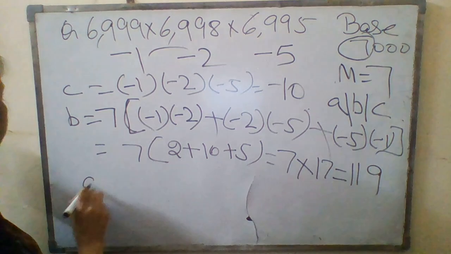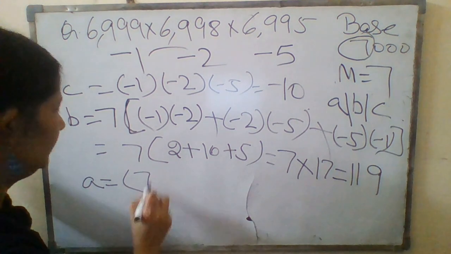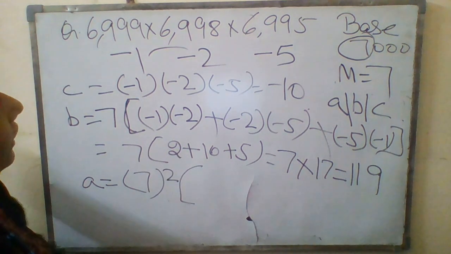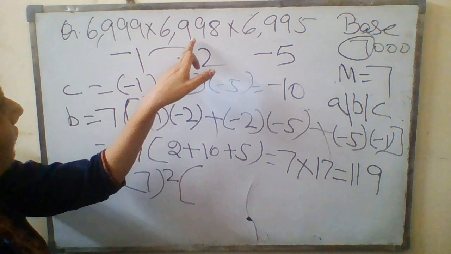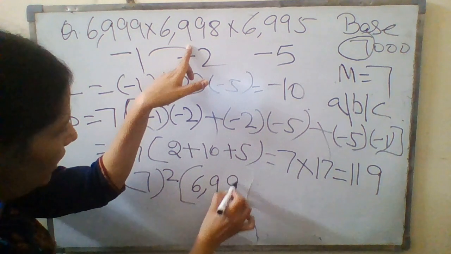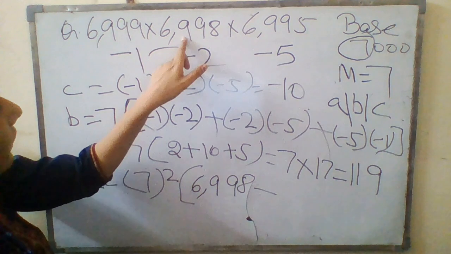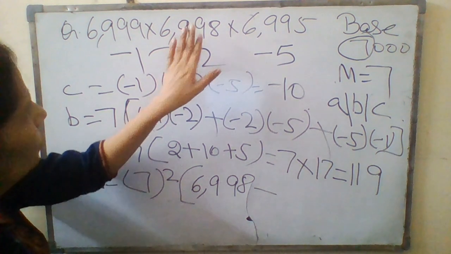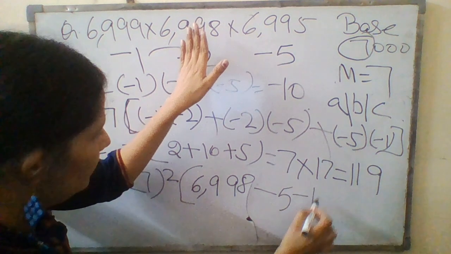Okay, now you have to find out the value of a. Now what is the multiplier here? 7, square of 7. Then what can you take here? Now see, if I take the middle term, 6,998, minus. Now see, if I have taken this 6,998, I will ignore this minus 2. So keep my hand like this. So minus 5 and minus 1.